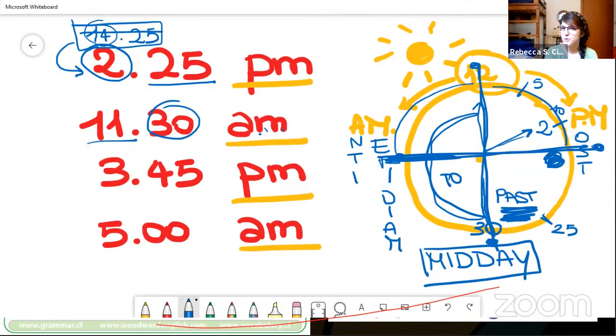In these first two, you talk about quarters. So this becomes quarter to 4 because there are 15 minutes left to reach 4 o'clock. So in this case, you count the minutes that are missing to reach the next hour.